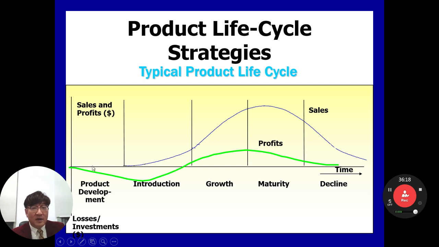Okay, right? The accumulated cost. This space is the total accumulated cost. Okay, if you want to cover all the accumulated cost, your profit has got to be about over here, right? So that the space over here becomes equal to the space over here. That point is something like over here. That's going to be your break-even point.